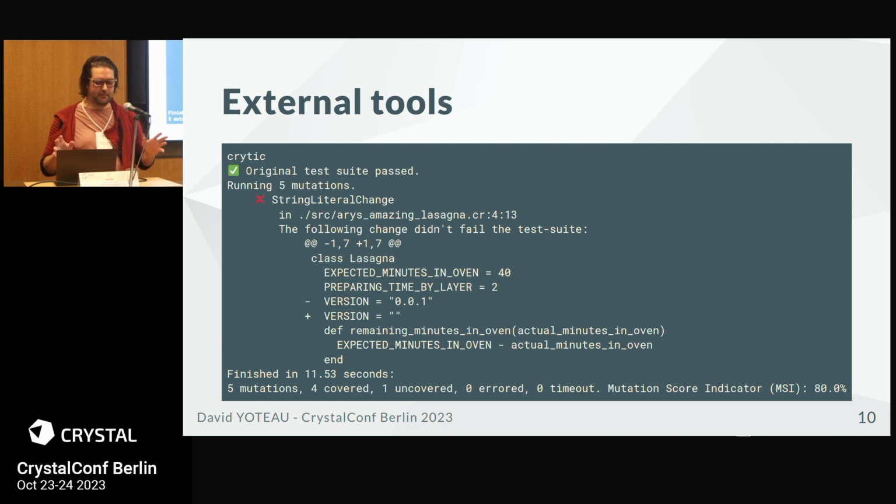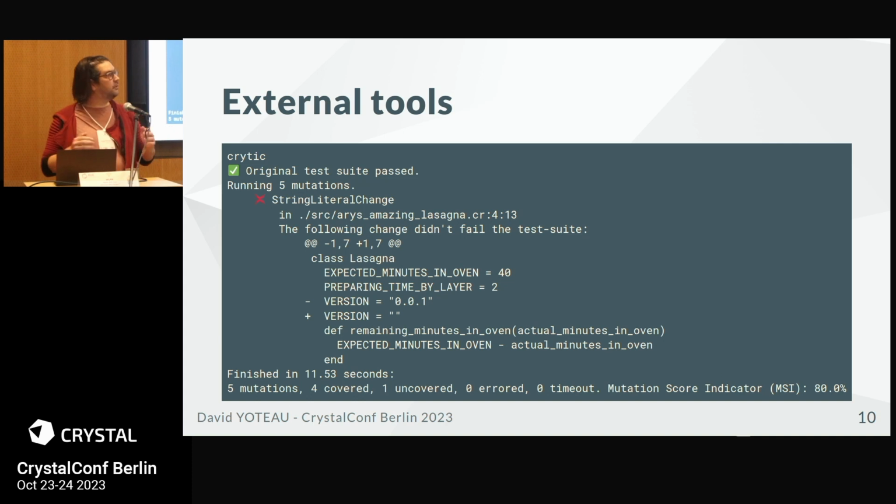Initially, all Crystal spec tests must pass to launch Crytic. It launches Crystal spec first to check that all tests pass. And it lists possible changes in the code: invert a condition, invert the then and else blocks, change a string in the code. It takes one of these changes, applies it, and relaunches Crystal spec.